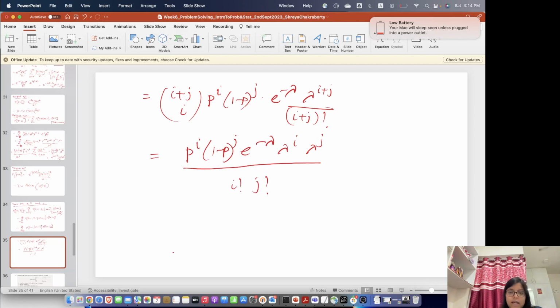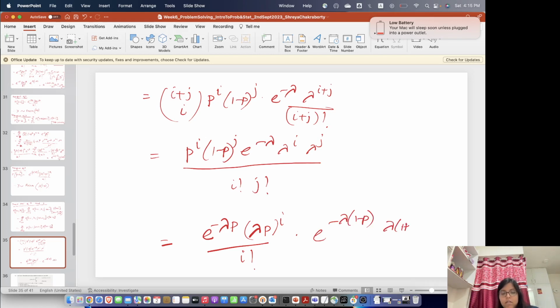Or we can write it as e to the power minus lambda p, (lambda p) to the power i by i factorial, into e to the power minus lambda (1 minus p), (lambda (1 minus p)) to the power j by j factorial.